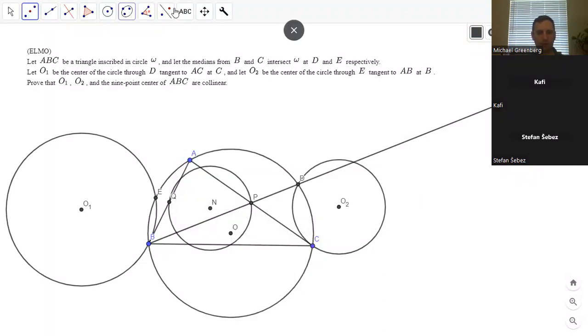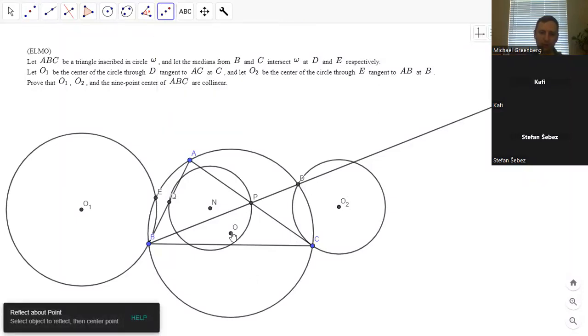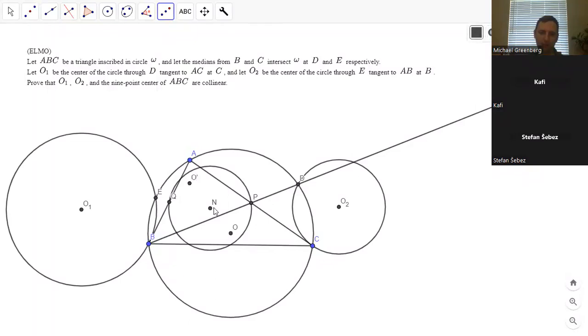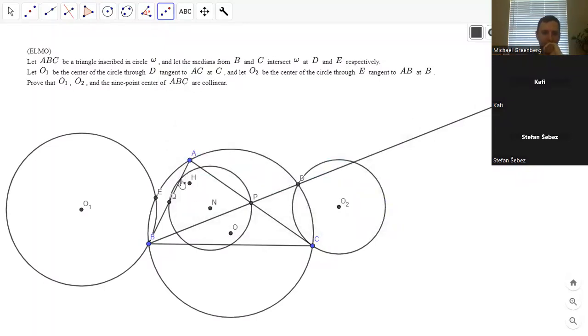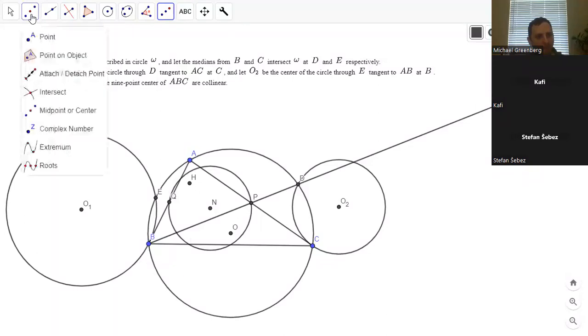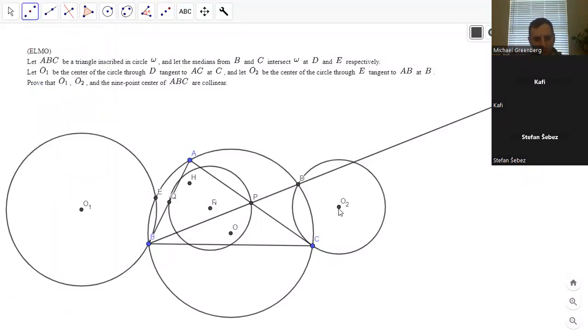That's a good point. I don't think I've ever made an orthocenter this way, but it works.